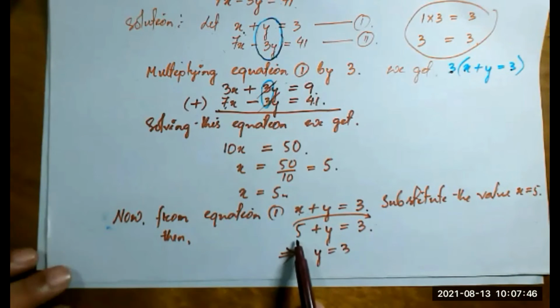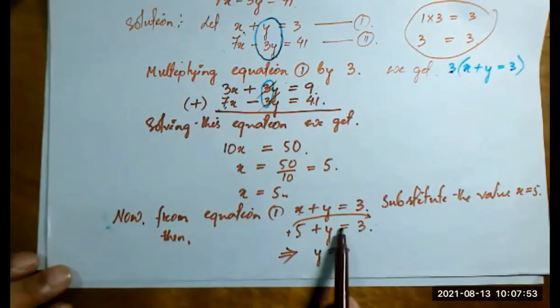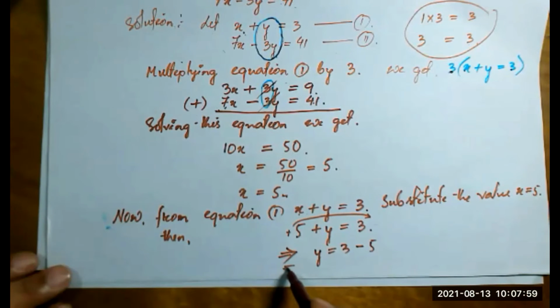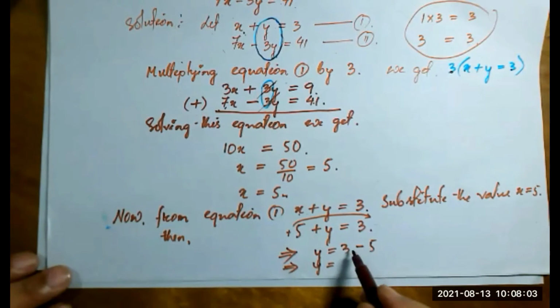If we do it by transposition, 5 is positive, right? Then if we transfer it after the equal sign, this becomes minus, right? Minus 5, and this implies y is equal to 3 minus 5, which is minus 2.